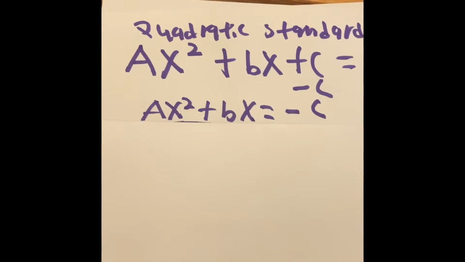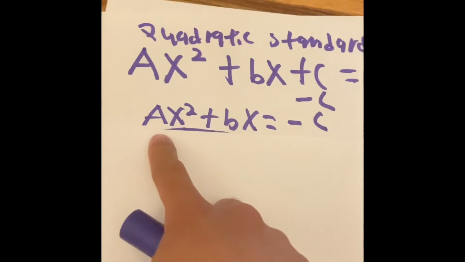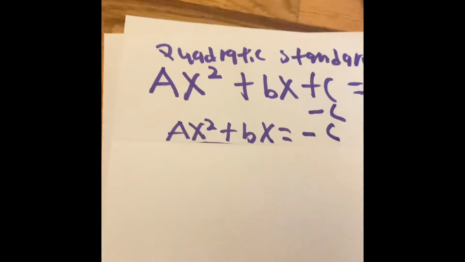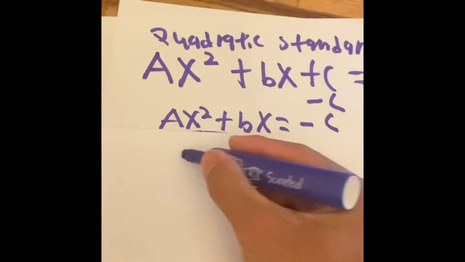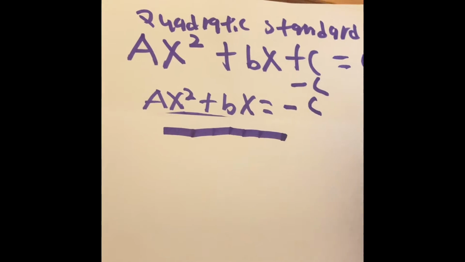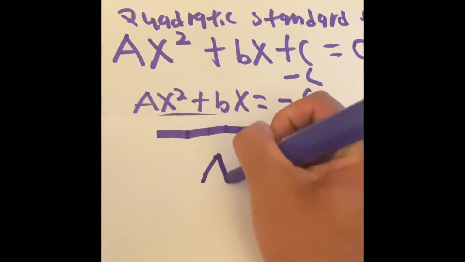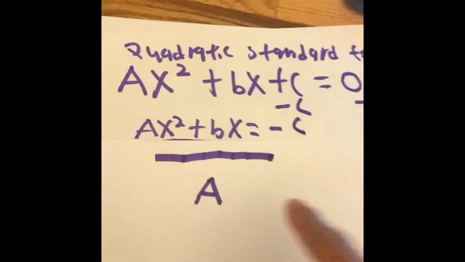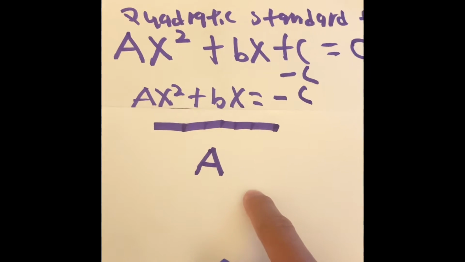The next step is to understand what the letter a is. What we've got to do is divide everything by a to get x squared alone, because what we're trying to do is isolate the x variable in the literal equation.